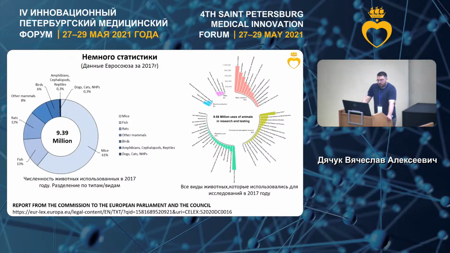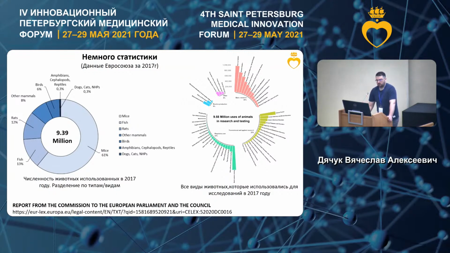Some statistics. These are the data of the European Union for 2017, which were published in 2019. According to these data, in 2017 in the EU they used 9.39 million animals in experiments. For instance, 31% were mice, 15% were fish, and less than 12% were rats.